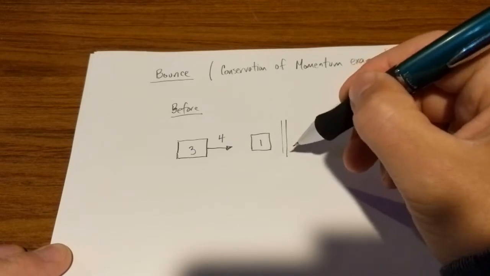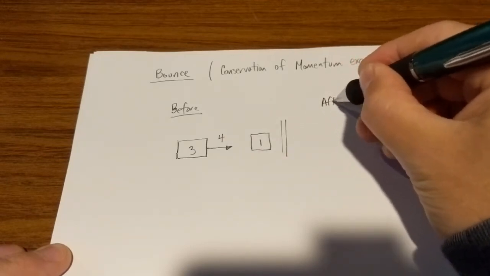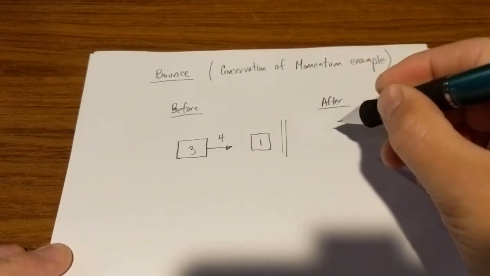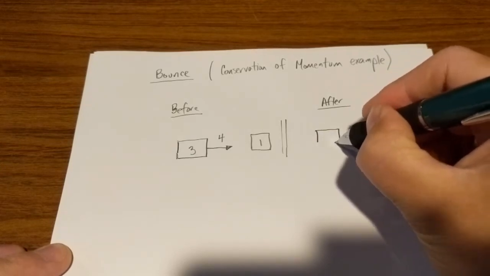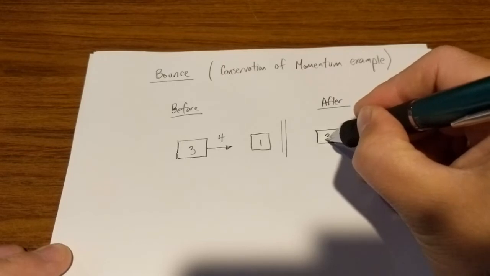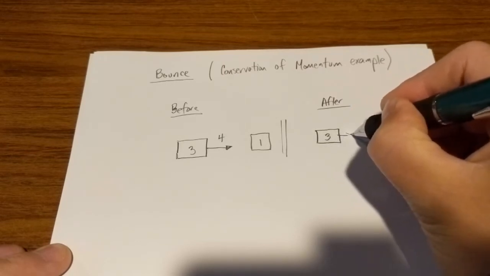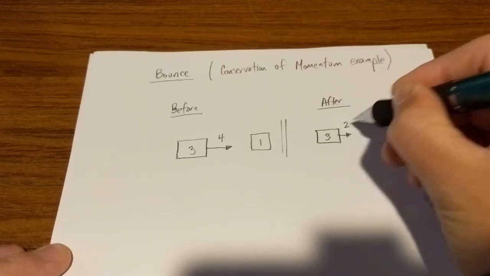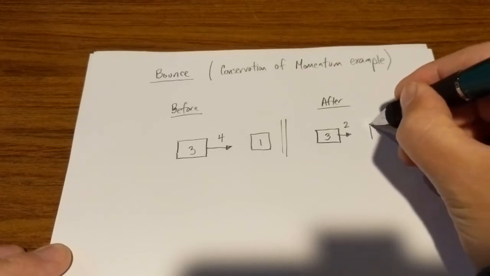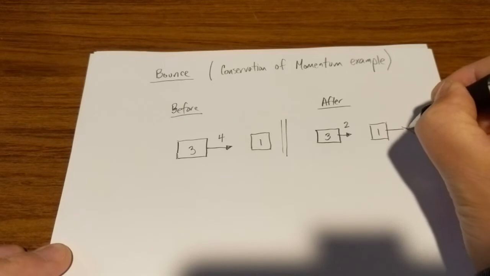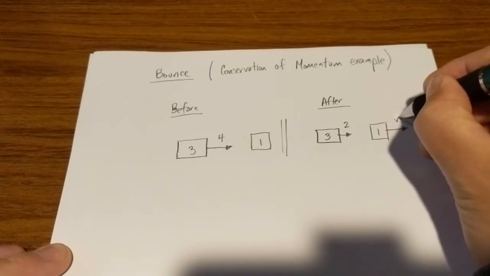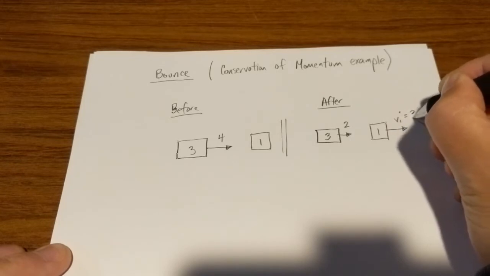In the after state, let's imagine that we measured the speed of the 3 mass to be 2. The question would be, what is the speed of the 1 mass? In other words, v1 prime is our unknown.